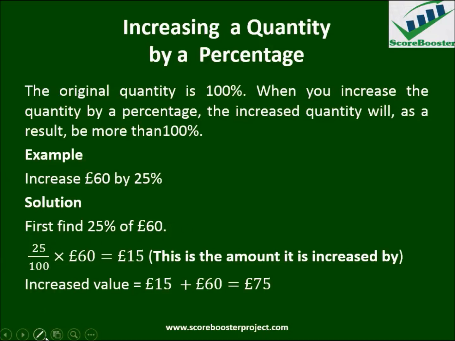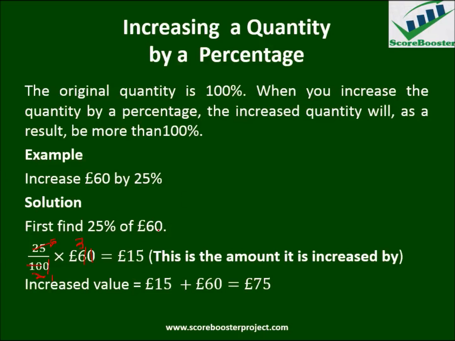The zeros will cancel out, and 5 divided by 10 gives 2, and 25 divided by 5 gives 5, then 2 in 2 gives 1, and 2 in 6 gives 3. So 5 times 3, you have 15 pound. This is the amount that 60 pound has been increased by.